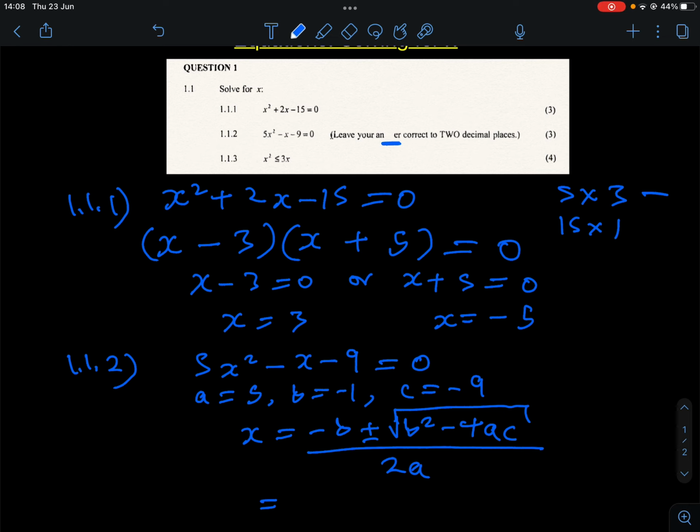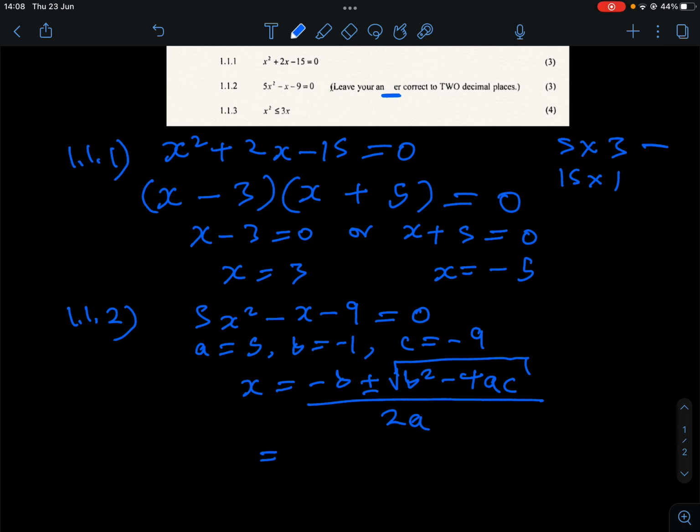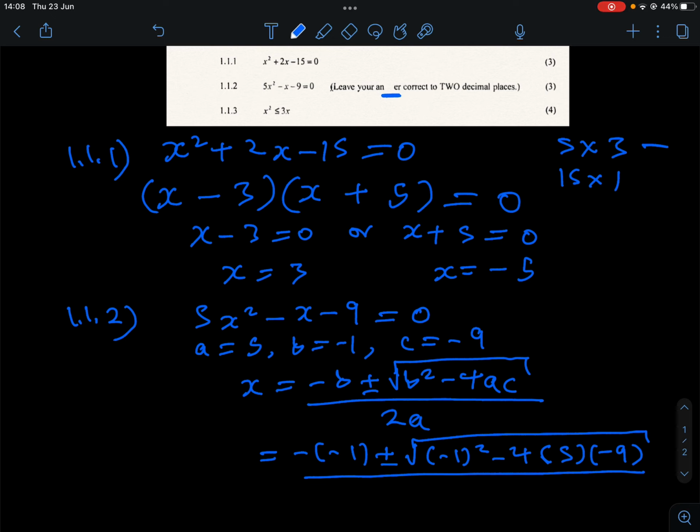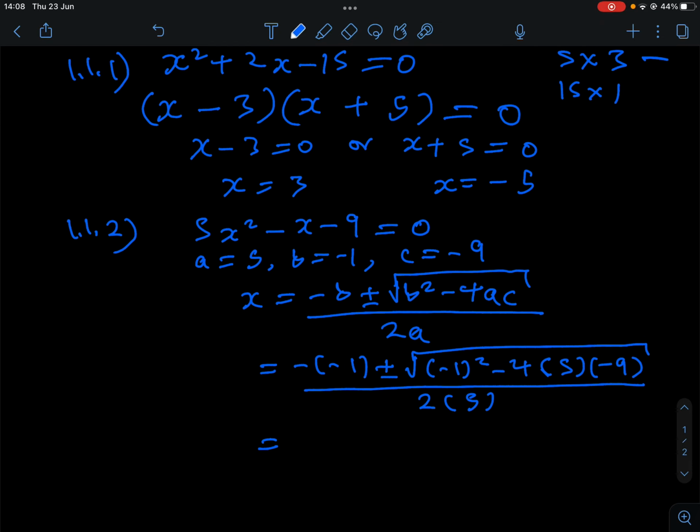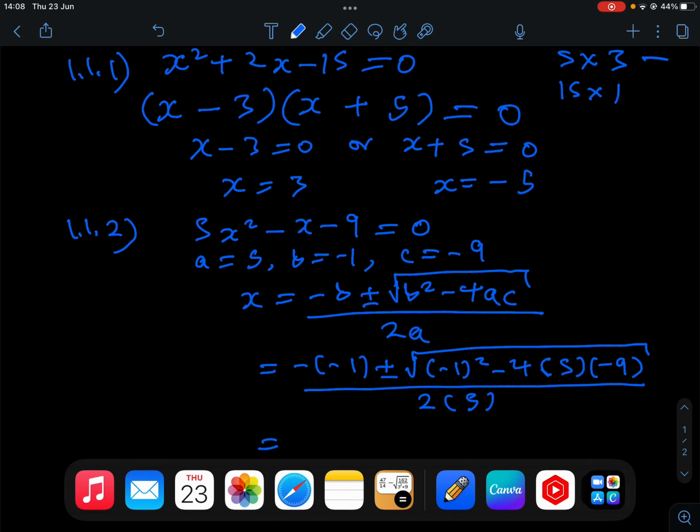Let us do the substitution. So that is the substitution there, and below here we have a substitution of 2a. A is 5.